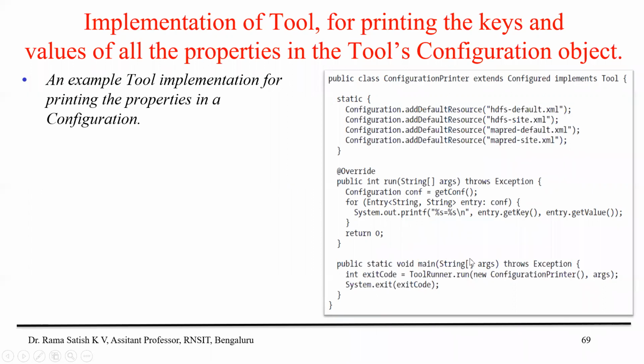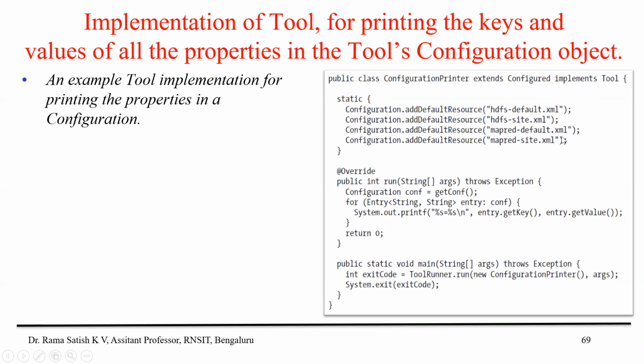Meanwhile, in your main program, observe that you are creating a ToolRunner, which is required in order to execute your ConfigurationPrinter. Very important: this ConfigurationPrinter class extends Configured, which implements the Tool interface.